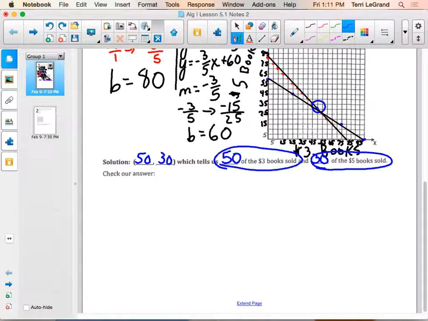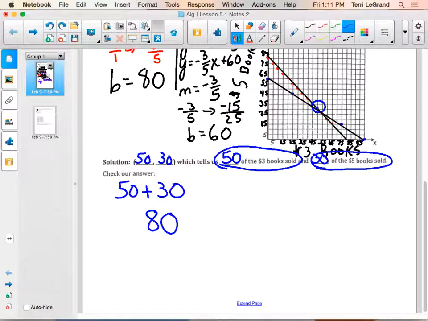When we check our answer, we're not going to worry about the equations we set up. We're just going to go back to that original information and pretend that we did guess until we got it to happen. What was one thing that we knew had to happen? How many books did they sell? 80. Well, we found out that there were 50 $3 books and 30 $5 books. That added together is 80. Do we feel good about that? Yes. Okay.